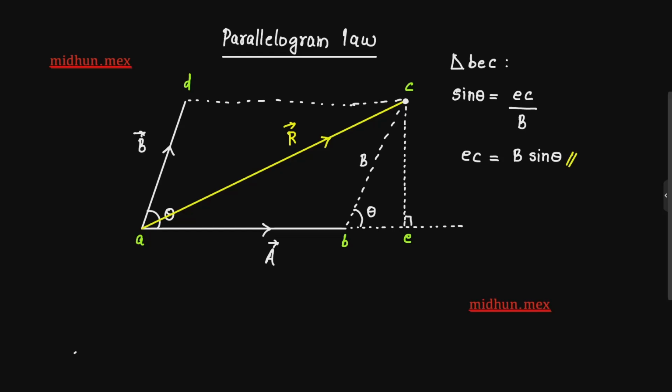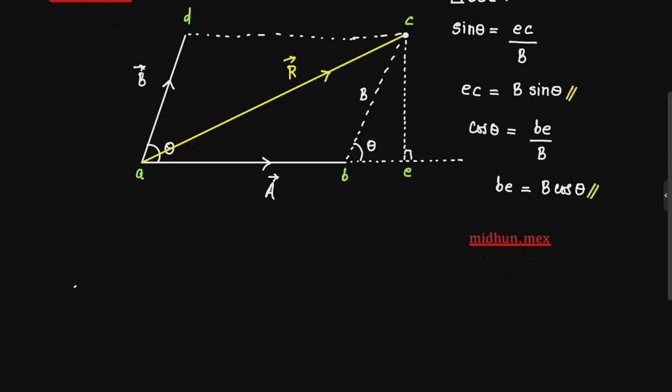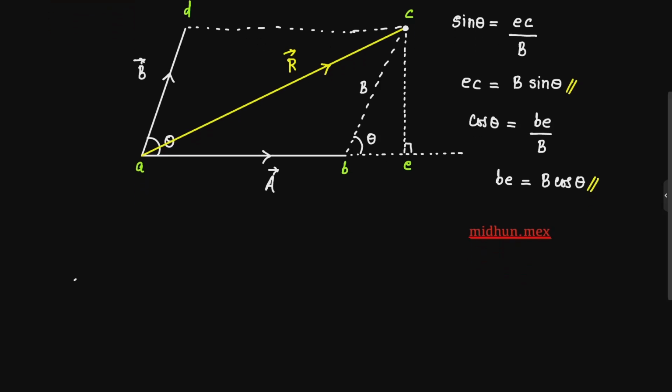Similarly, in the same triangle, I will take cos theta. Cos theta is equal to the adjacent side, that is BE, divided by the hypotenuse, which is B. Therefore, BE is equal to B cos theta. I got the second result. Now next I am going to consider a right angle triangle.